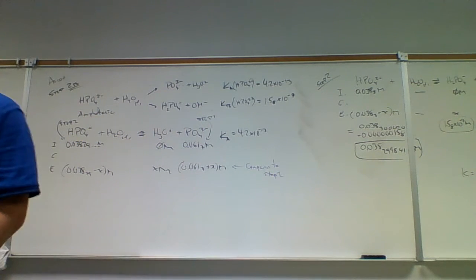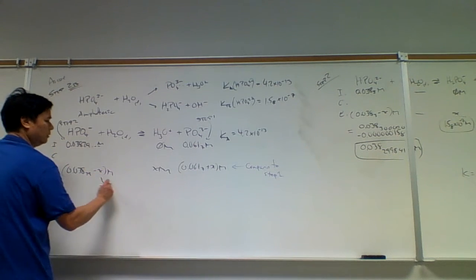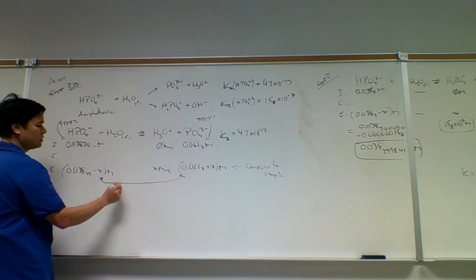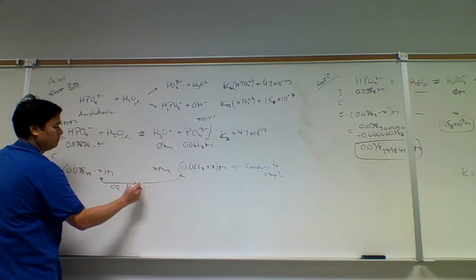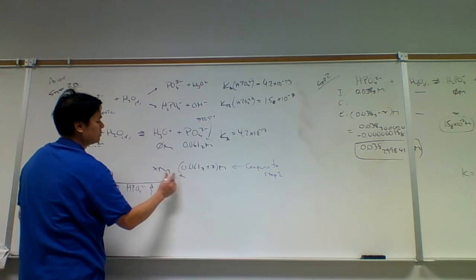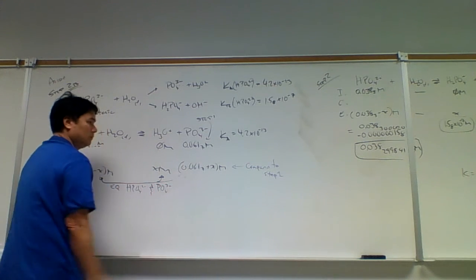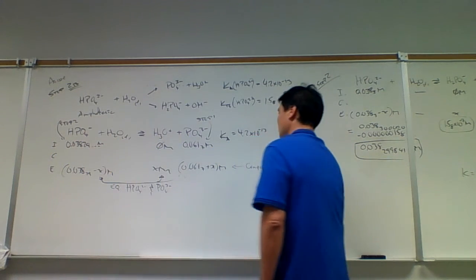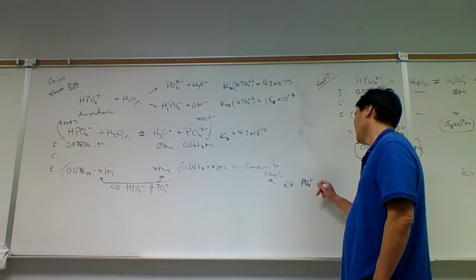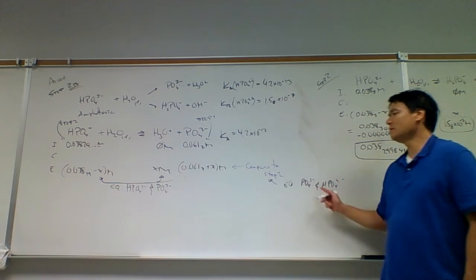And since we're running out of time, I'll just tell you in the comparison. This describes the equilibrium between monohydrogen phosphate and phosphate. Step 1 describes the equilibrium between phosphate and monohydrogen phosphate. And so they both describe the same equilibrium.